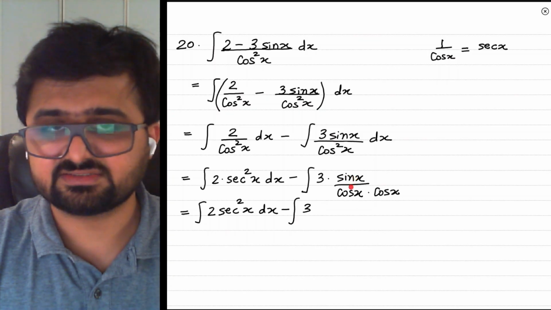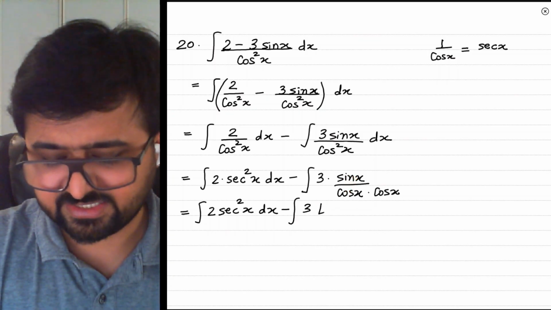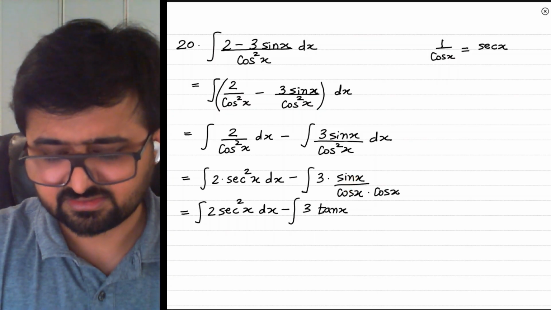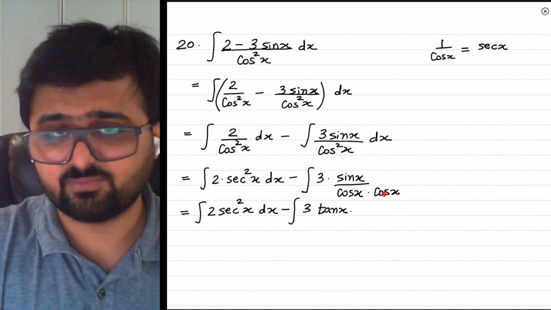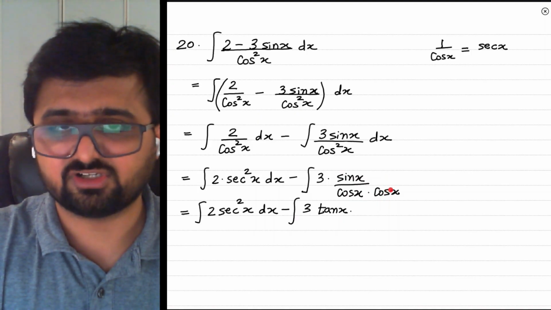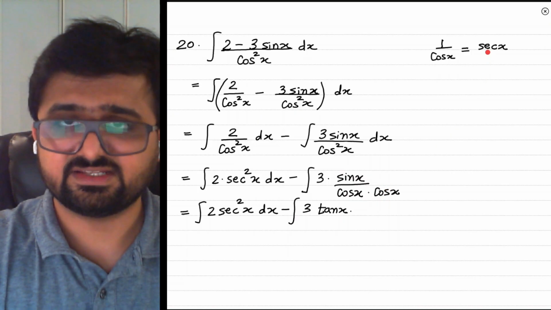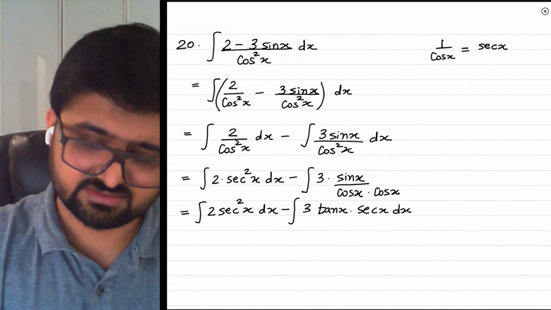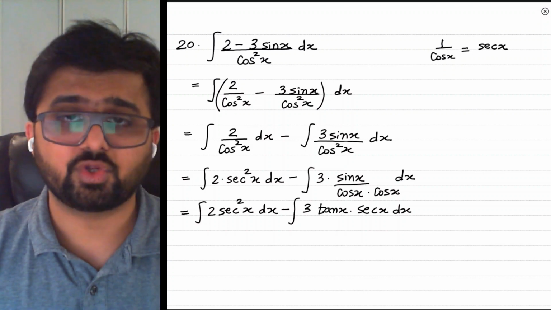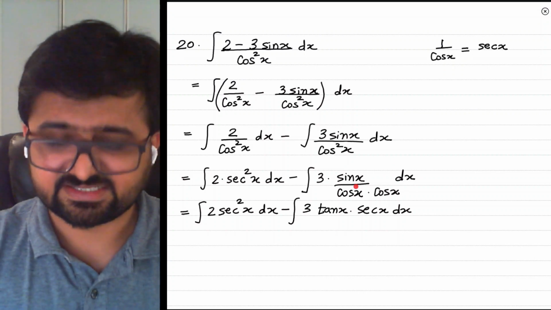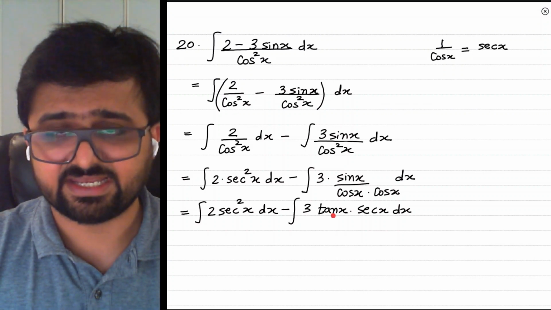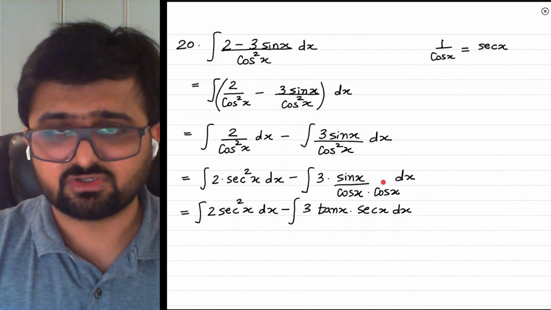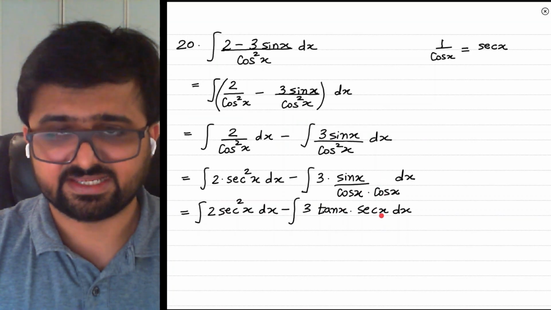This sin x over cos x can be written as tan x, and this reciprocal of cos x, 1 over cos x here again, can be again written as sec x dx. We forgot a dx here. Okay, that makes sense. So that sin x over cos x can be written as tan x. There is 1 over cos x that can be written as sec x.